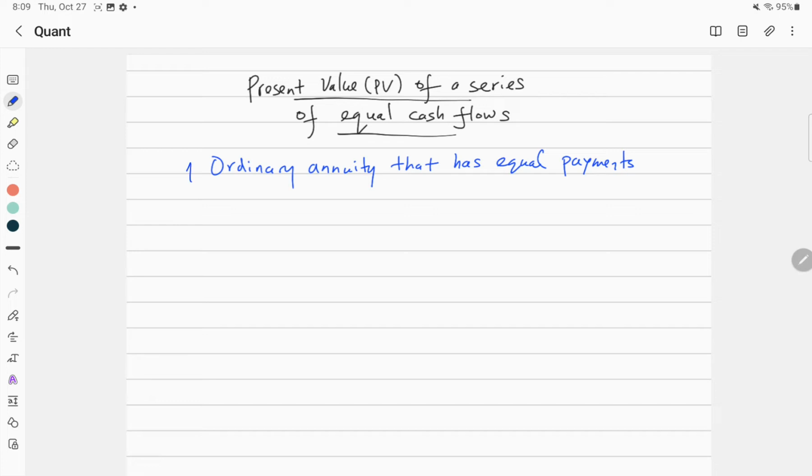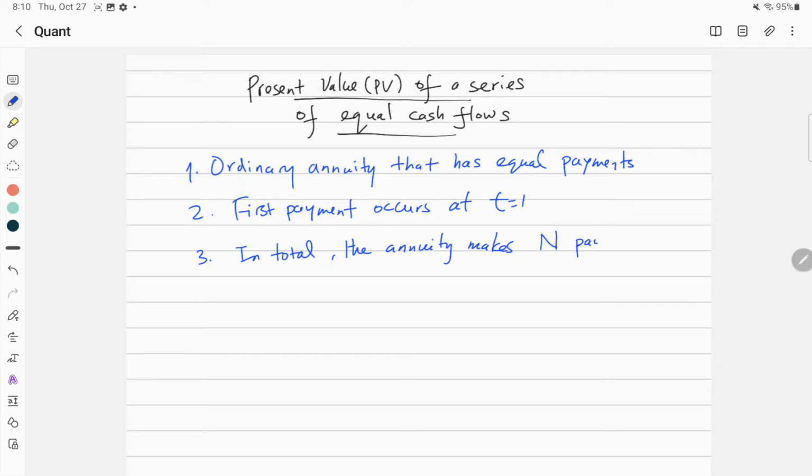This is the first point. The second point is that the first payment occurs at t equals 1, and in total the annuity makes n payments.